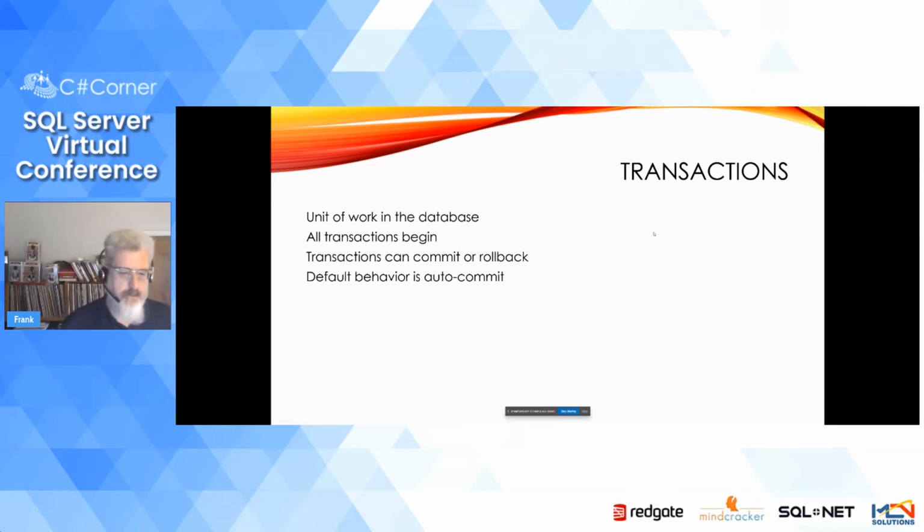And in SQL Server, the default behavior is auto commit. And what that means is that if I go into Management Studio and I say delete from table and I don't give it a where predicate, it is going to delete all of the rows, and it's going to wrap that transaction in a begin transaction. And then when those deletes complete, it will commit that transaction.